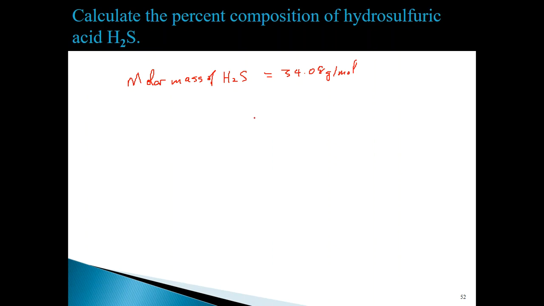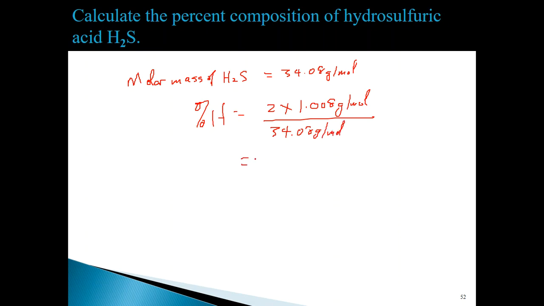Then, to determine the percentage of hydrogen, that would be equal to 2 times 1.008 grams per mole divided by 34.08 grams per mole.